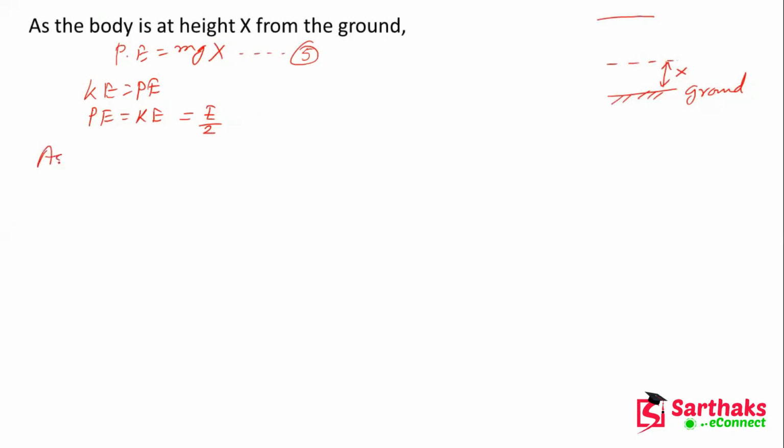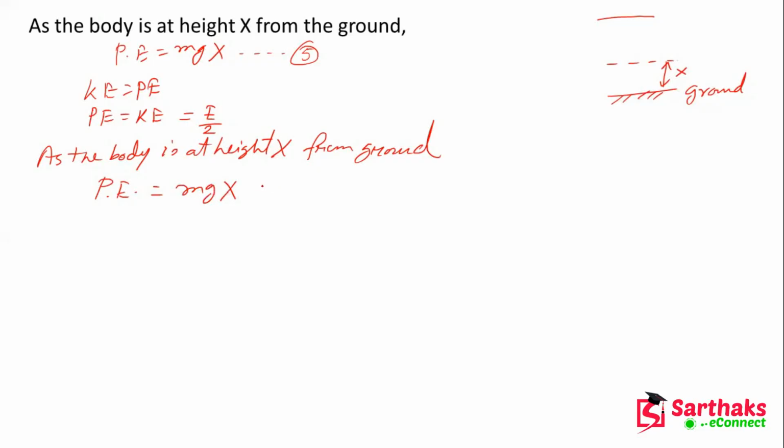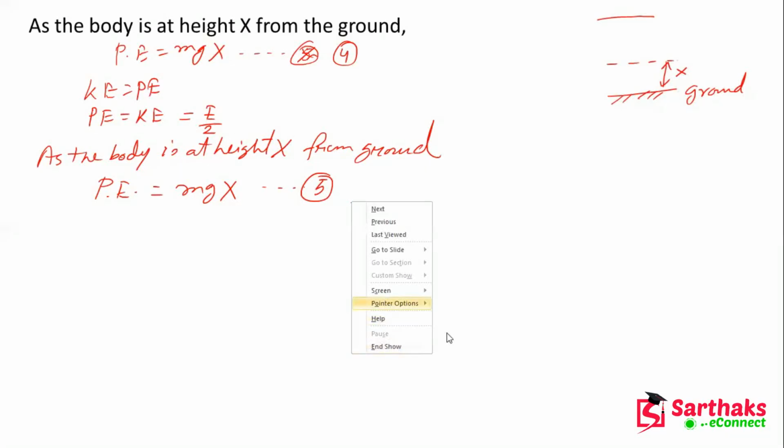As the body is at height x from the ground, potential energy equals mg into x.